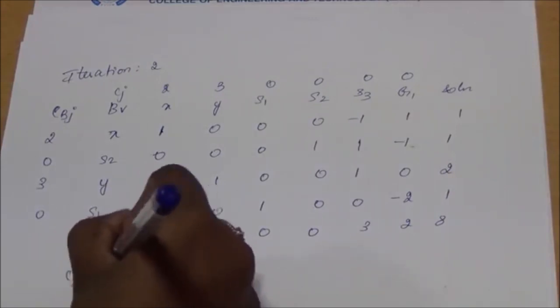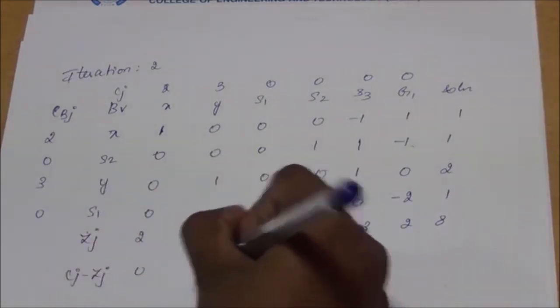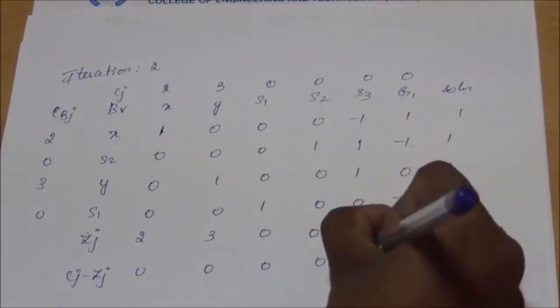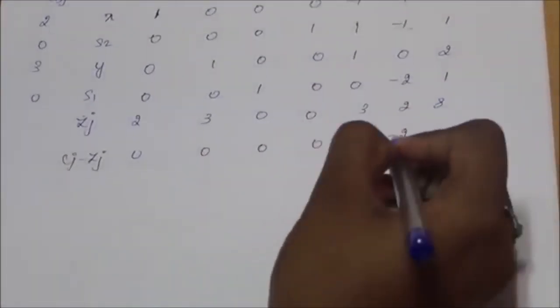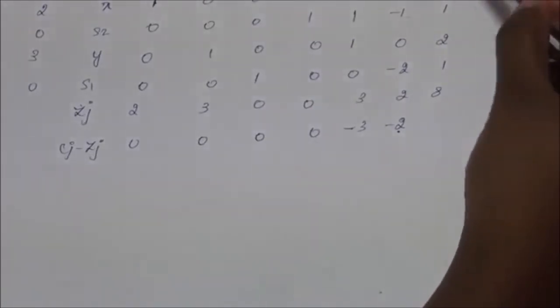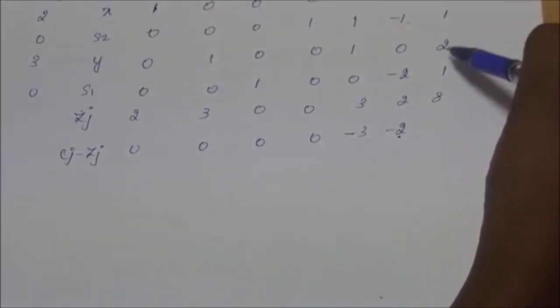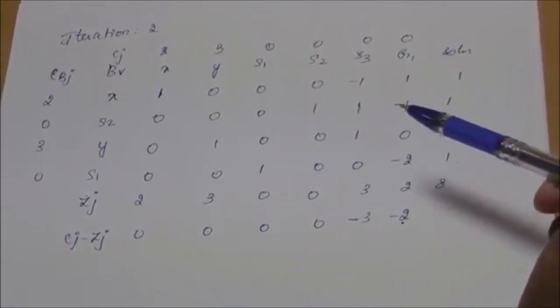Now we have to find Cj minus Zj values. Again, now all the values of Cj minus Zj are less than or equal to 0, but we find all the values of solution are also positive, so the dual simplex method iteration stops here.